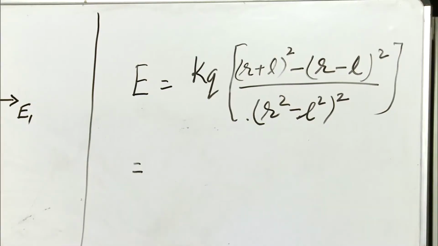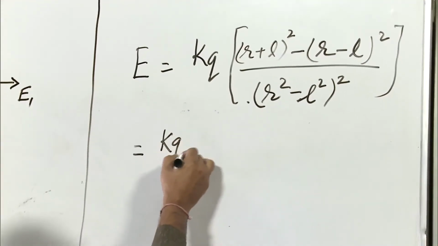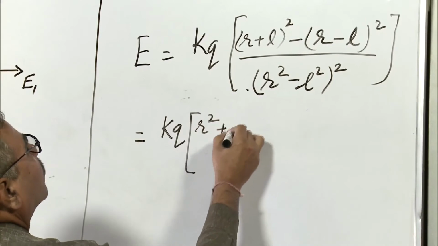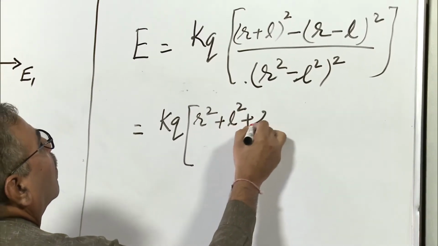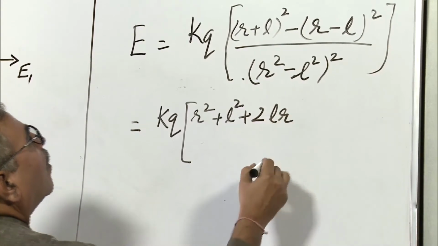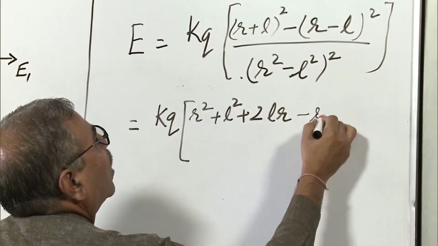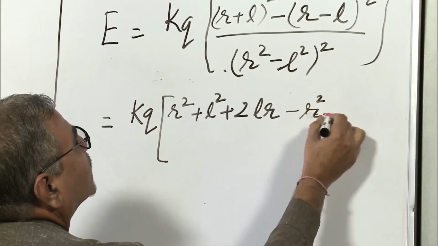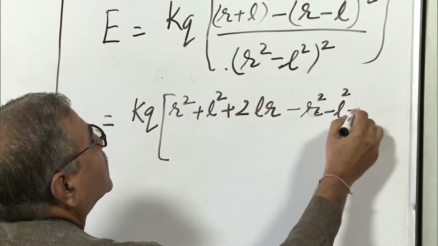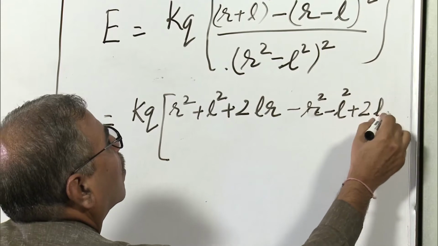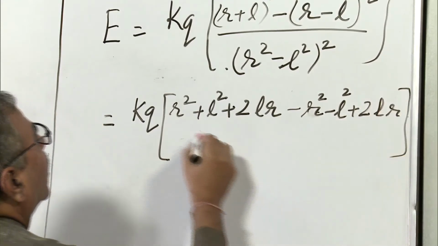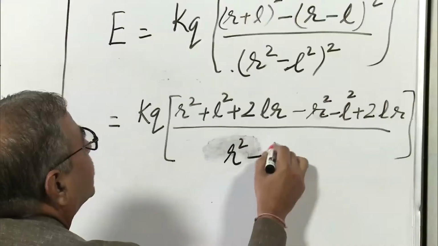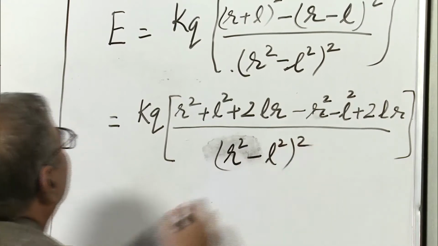It will be KQ [(R² + L² + 2LR) − (R² + L² − 2LR)] divided by (R² − L²) whole square.